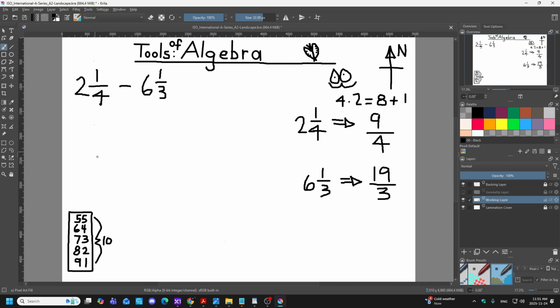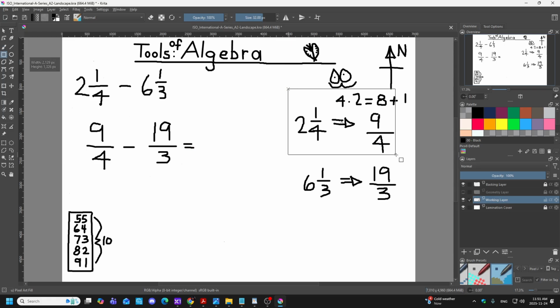All right, so now we have 9/4 subtract 19/3. Let me do this to create separation.